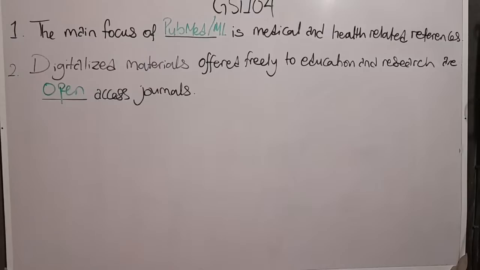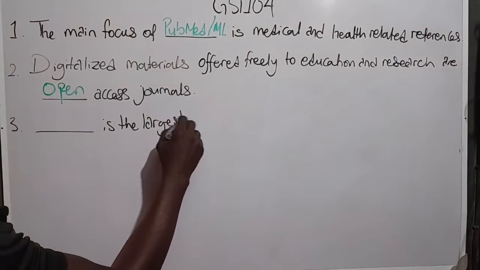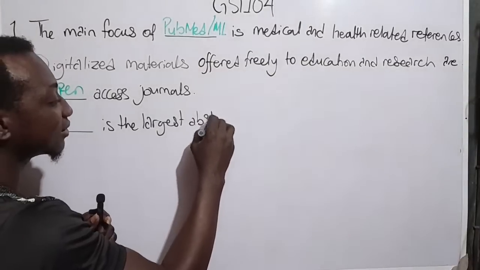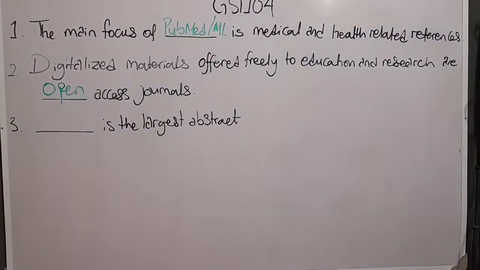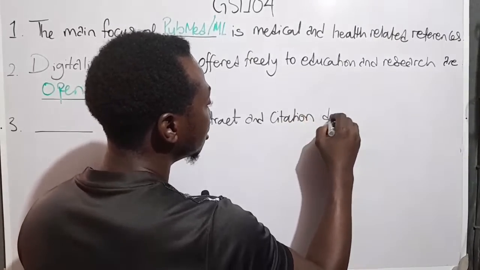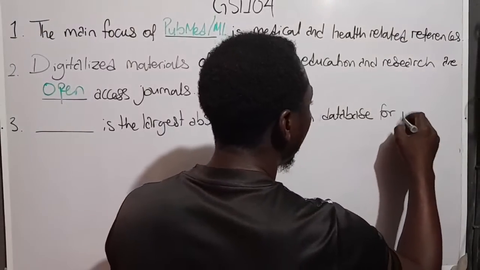Now let's continue. It says here: dash is the largest abstract and citation database for peer reviewed literature.